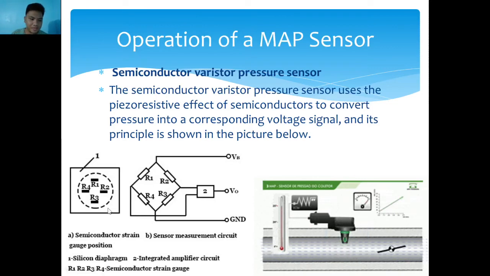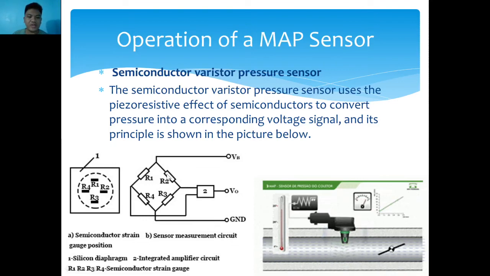So these are the sensors in the diaphragm, and each of them corresponds to a different voltage, sorry. And each of those are going to be sent in here. The number 2 is the amplifier circuit, which gives the signal voltage. This is the supply, and this is the ground.